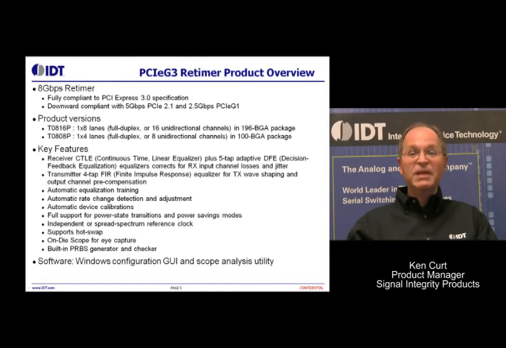And that exceeds PCI Express Gen 3 specifications and provides the compensation for channel loss and jitter and ISI, or intersymbol interference, that's picked up from vias and other discontinuities, connectors, and things like that in the channel.